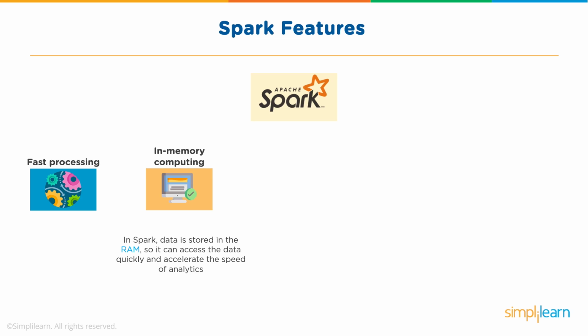We are talking about data being loaded into memory only when a specific kind of action is invoked. So data is stored in RAM. Here RAM is not only used for processing, but it can also be used for storage. And we can again decide whether we want that RAM to be used for persistence or just for computing. So it can access the data quickly and accelerate the speed of analytics.